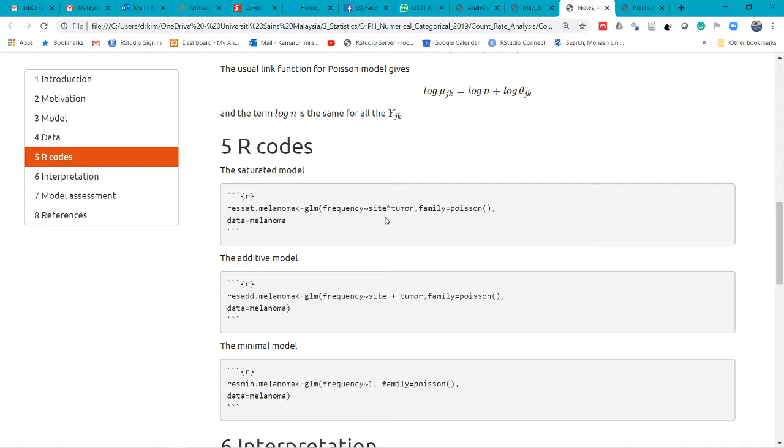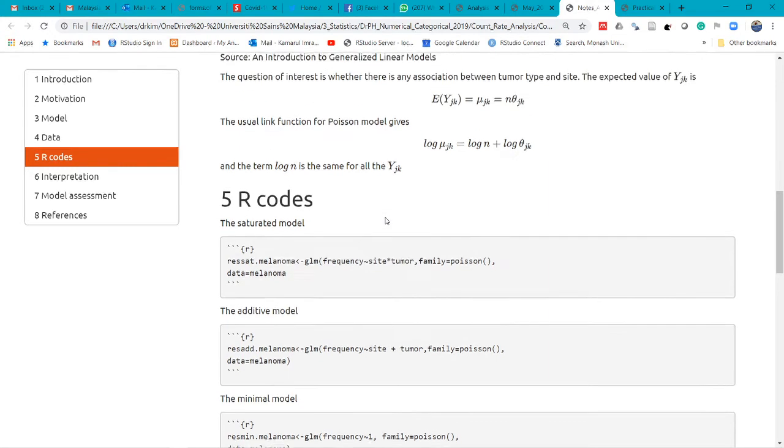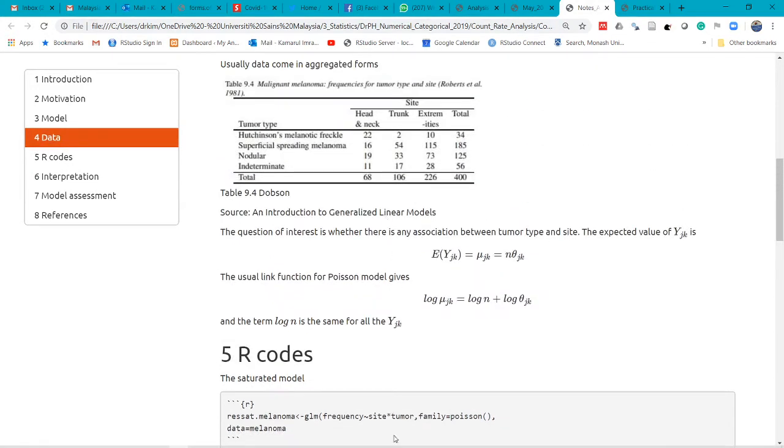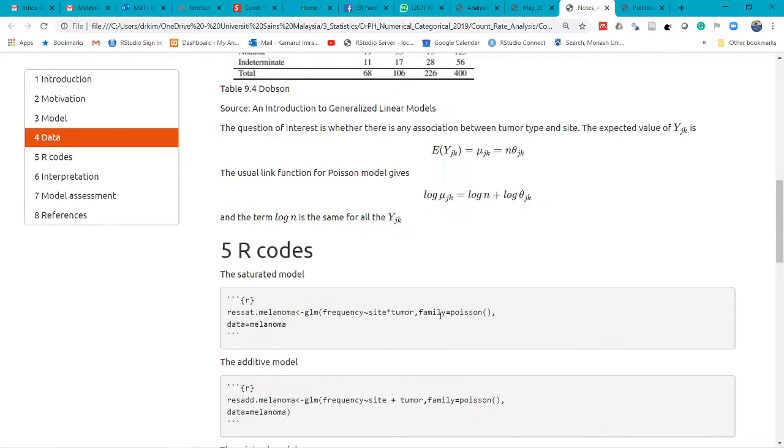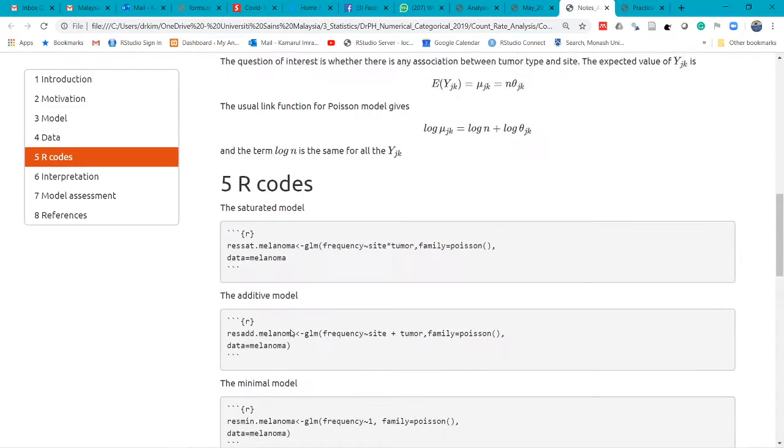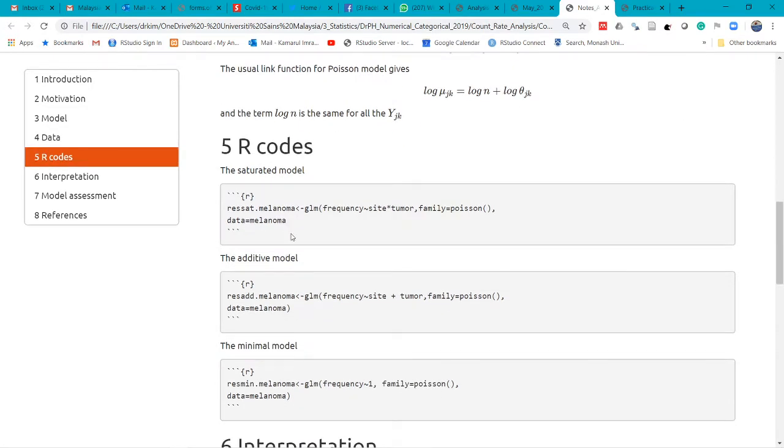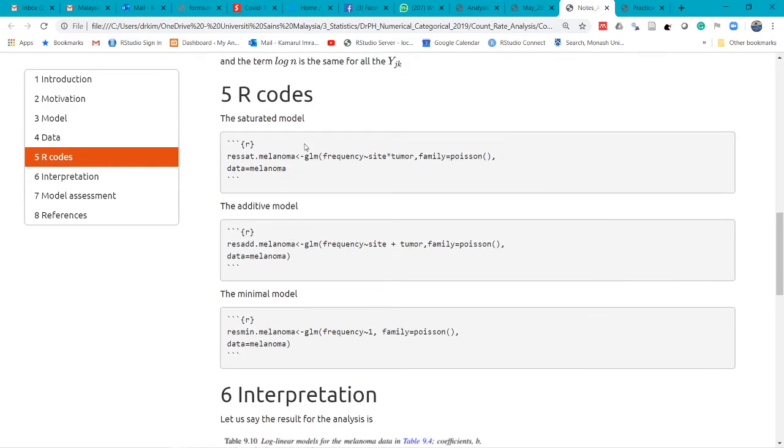So the predictors for this model include site, tumor, and the interaction between site and tumor. We specify family as Poisson, and specify the data set. So this is the saturated model where you have all predictors included in the model.